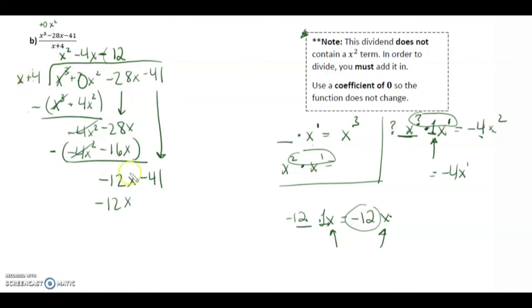And negative 12 times 4 is negative 48. Okay. So since the first two terms are identical, we can just cancel them out. And then we have negative 41 minus negative 48, and we get 7.